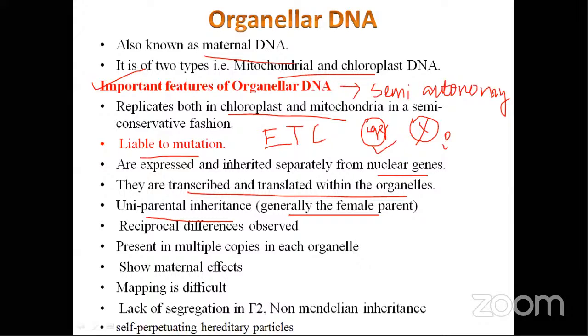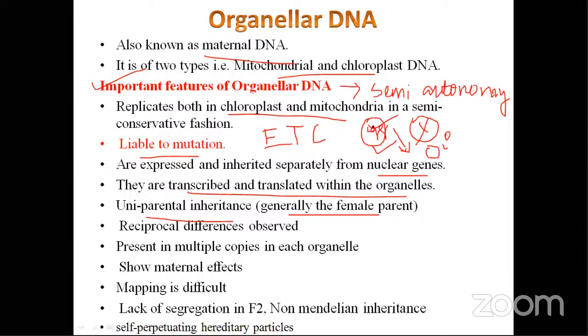Okay. So whatever cytoplasm is present in the egg, the zygote will form from that only. So the zygote will carry the cytoplasm solely from the maternal parent. The female parent's cytoplasm itself comes to the progeny. All the organelles, like chloroplasts or mitochondria, are present in the cytoplasm only, so all the organelles come along with the cytoplasm.